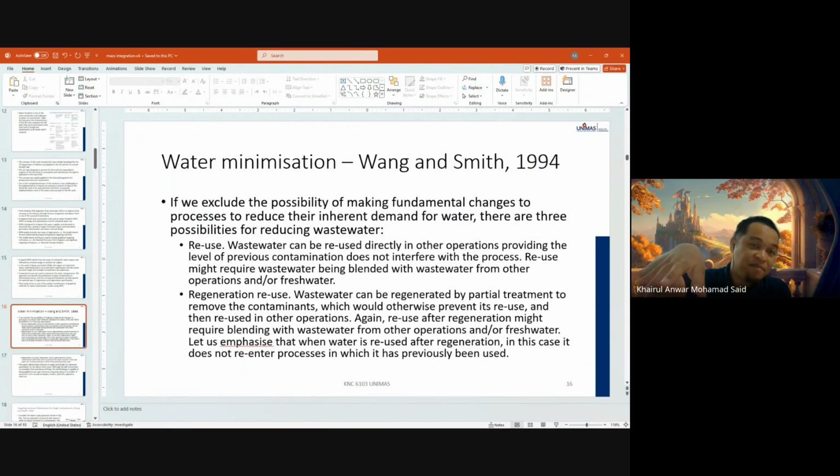For regeneration recycling, you take the wastewater, regenerate it, and return it back to the same process that was using that water. So reuse and recycling are different things.